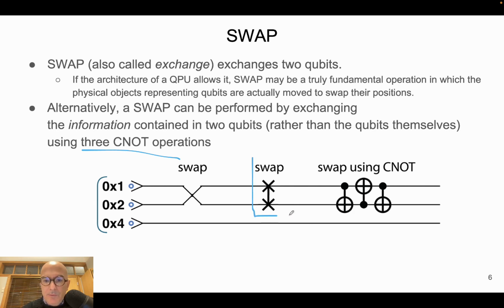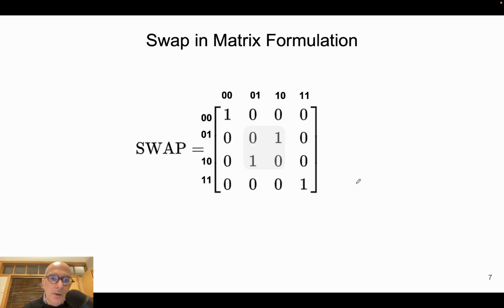So this is the symbol for the swap operation. It's 2 crosses and then a line. And we can also realize a swap operation as a combination of CNOTs, as on this slide. The swap also has a matrix formulation. Basically we are swapping the two values when the inputs differ in the binary representation.